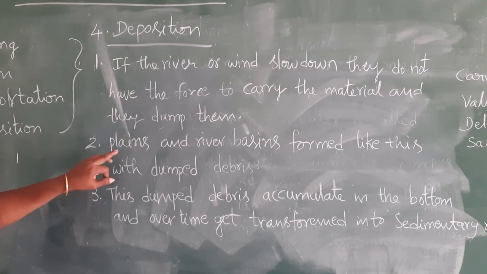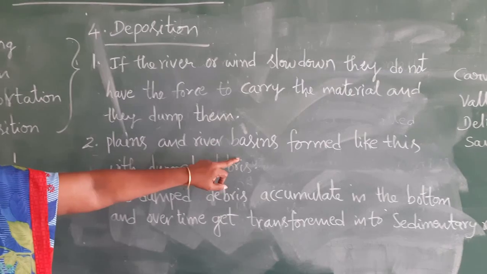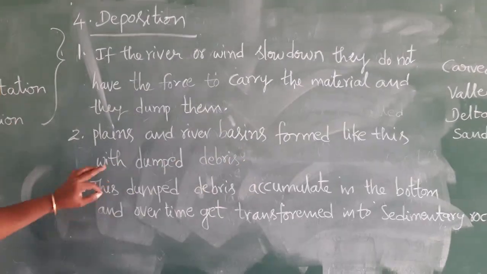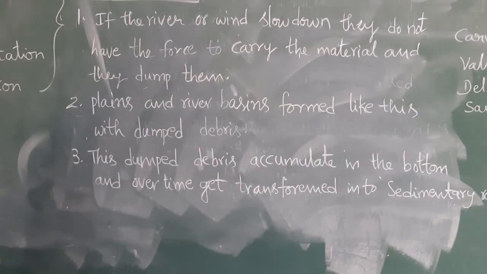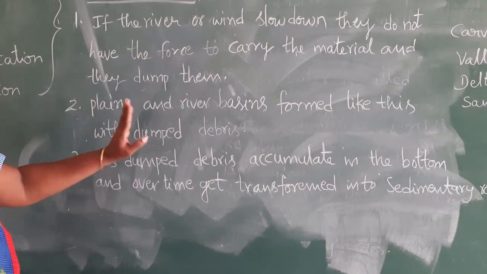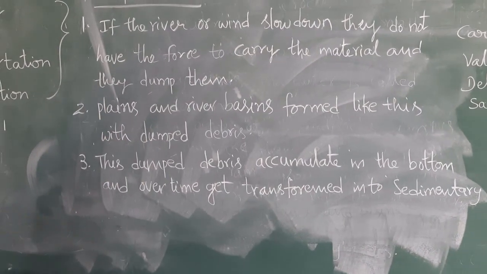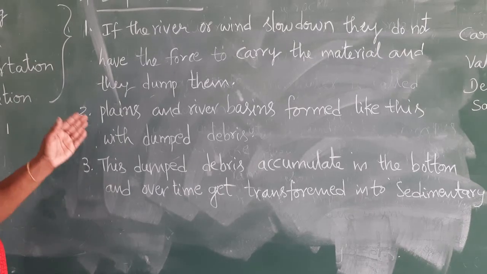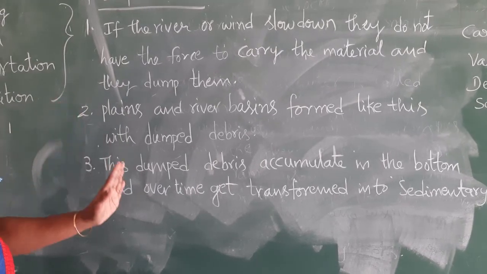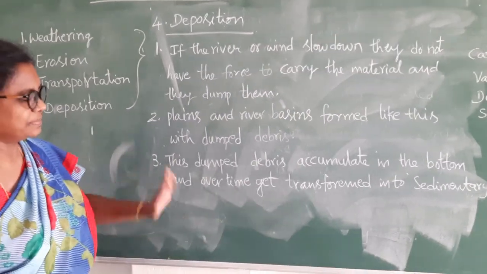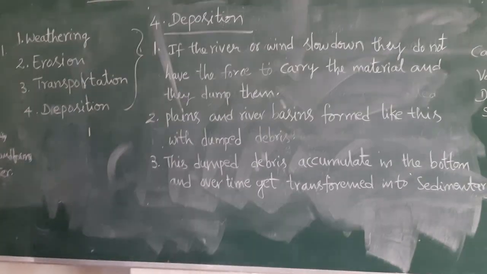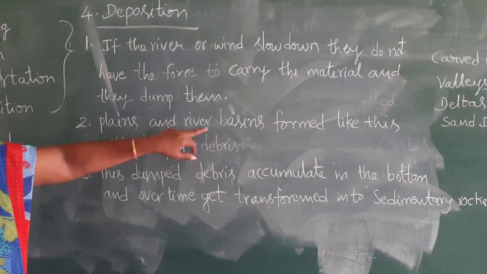Next, plains and river basins are formed like this with dumped debris. Where there is a river basin, for many years this dumped debris came and formed plains and river basins.